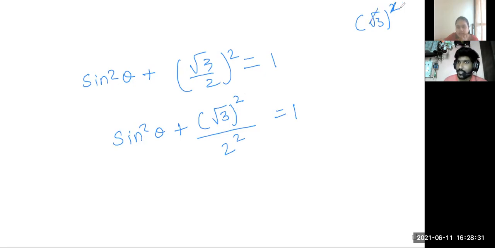It will be 3. So it will be 3 upon 4. We did such types of sums in coordinate geometry also, where the square and square root get cancelled. I hope there is no confusion.